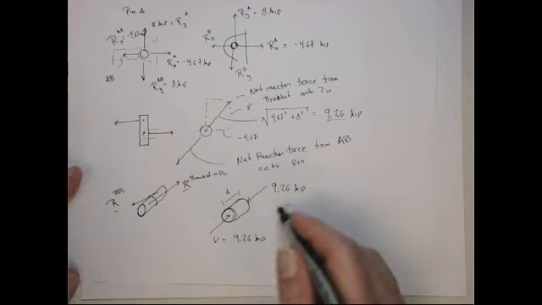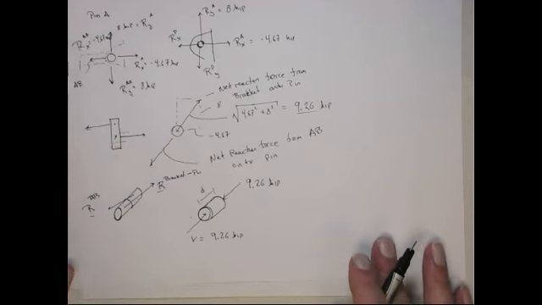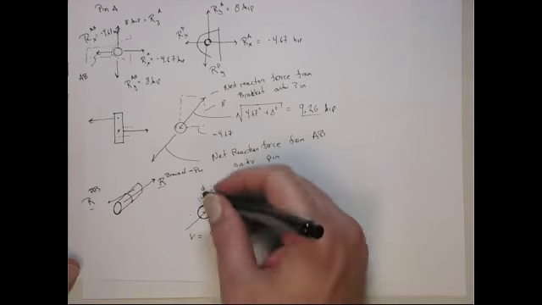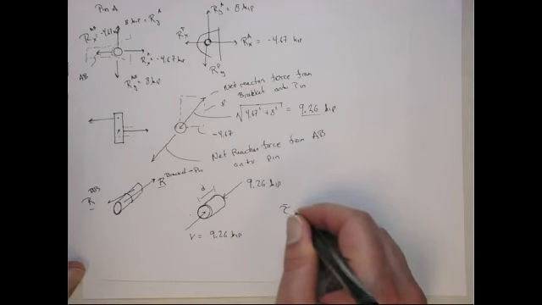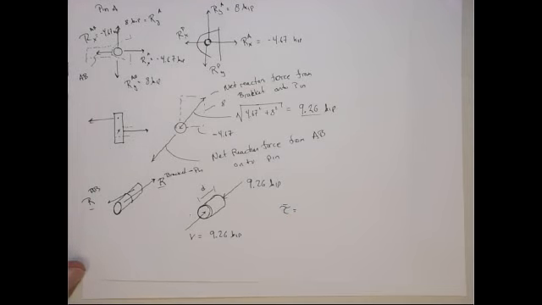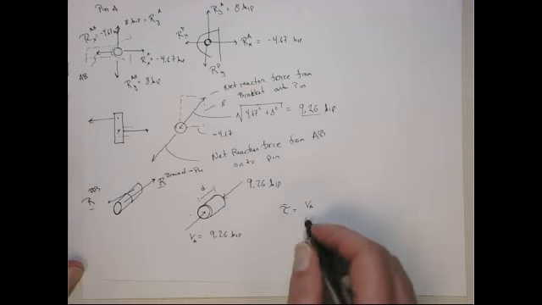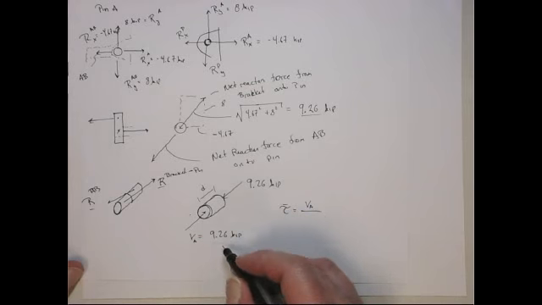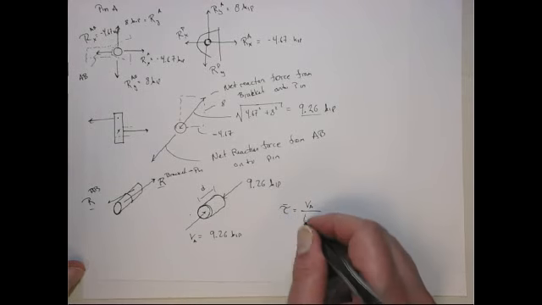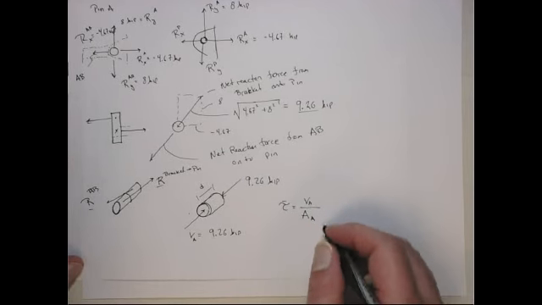Okay, so now we know the shear force in the pin A. We can go through and figure out what the diameter should be. So this is not the diameter. So the average shear stress through the pin is going to be, put the A here, the shear force at pin A over the cross-sectional area at A. And now this cross-sectional area is the one that involves the diameter, right?